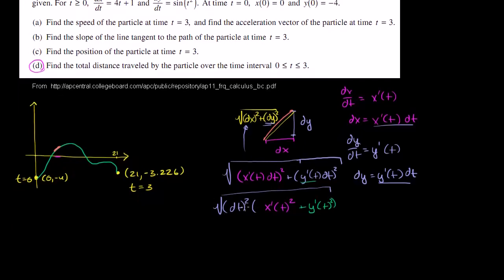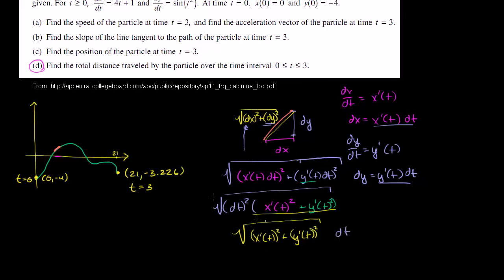The square root of dt squared is just dt. So all of this simplifies to, I'll write it in yellow, x prime of t squared plus y prime of t squared, and then we factor out the dt.